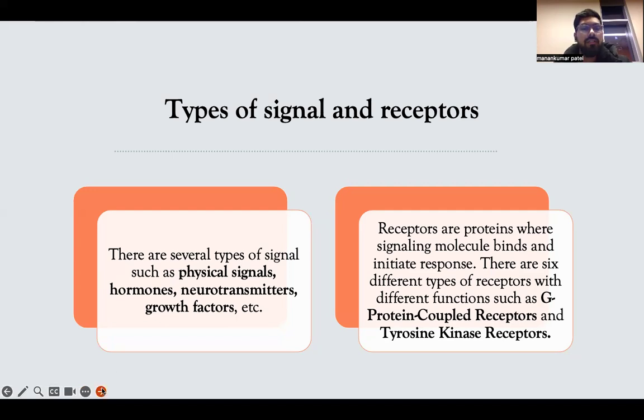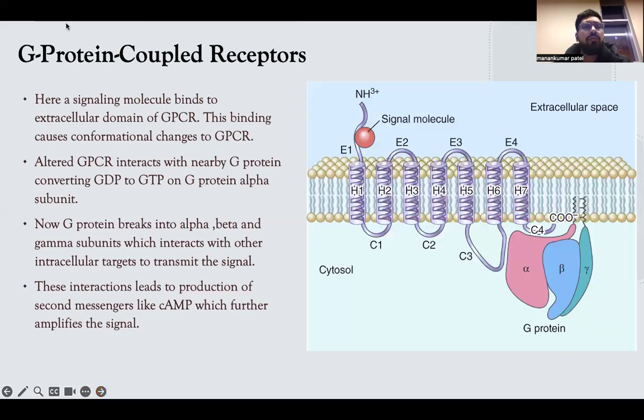Now, next slide. So first we'll see how the G protein coupled receptor is involved in a signaling pathway. Here, a signaling molecule binds to an extracellular domain of the GPCR. This binding causes conformational changes to the GPCR. So now this altered GPCR interacts with a nearby G protein, converting GDP to GTP on the G protein alpha subunit.